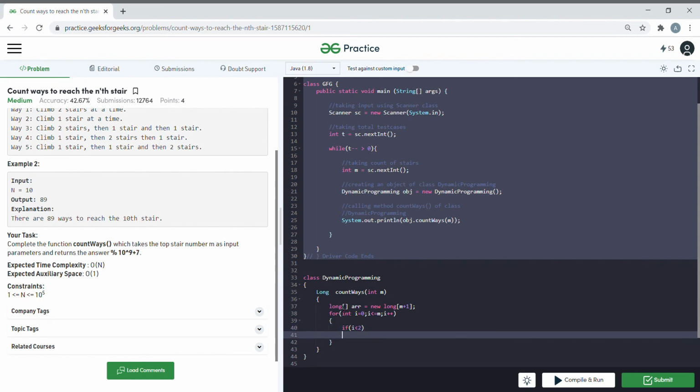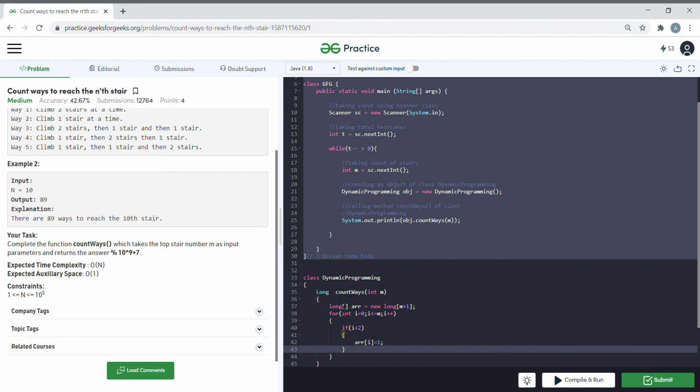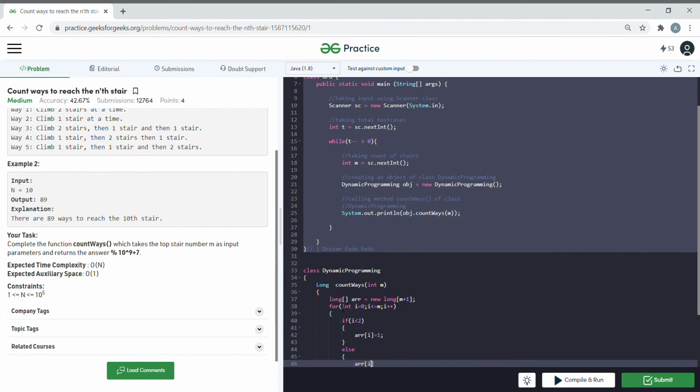Since there isn't a 0 in a staircase, because you are already at ground level, in case i is less than 2, we set arr of i equals 1. Else, here is how the solution goes.